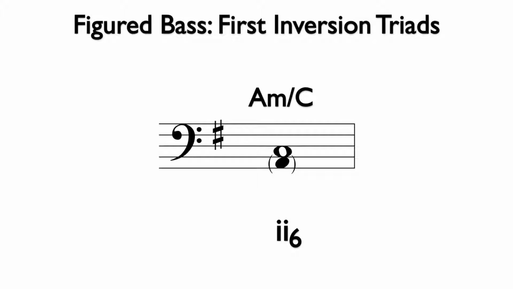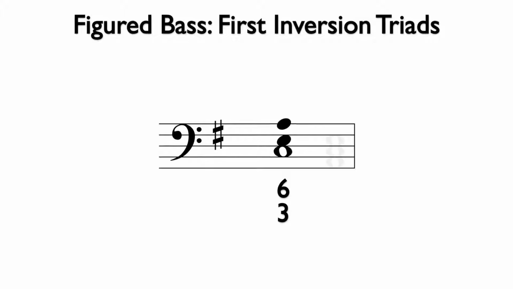Another way to find the notes of this chord is to use the intervals indicated by the figure. Again, 6 is shorthand for 6-3. If we go a sixth above C, we have A, and a third above C is E. If we reorder these notes as thirds, an easy way to do this is to find where all the notes can be on lines or spaces.